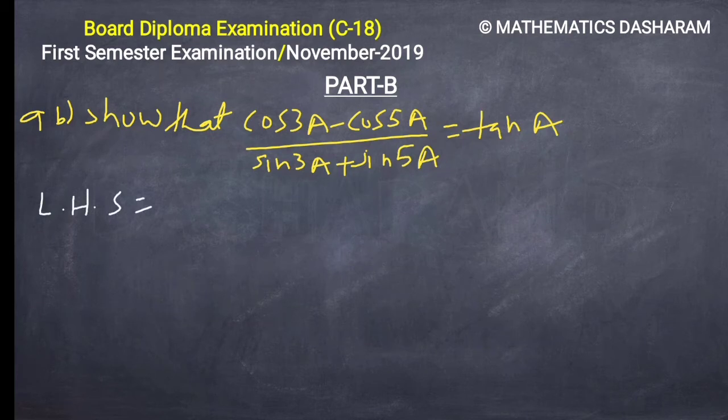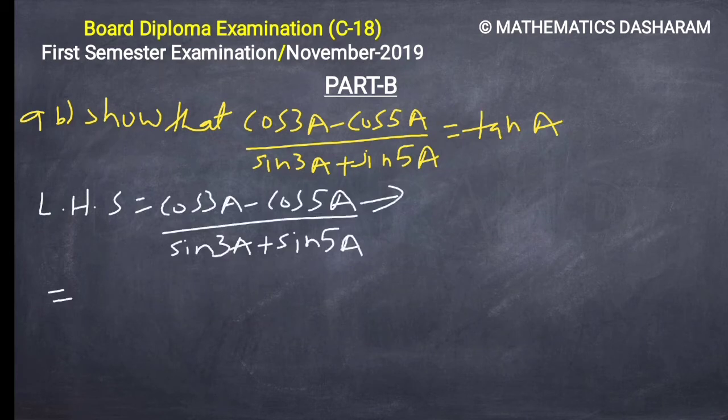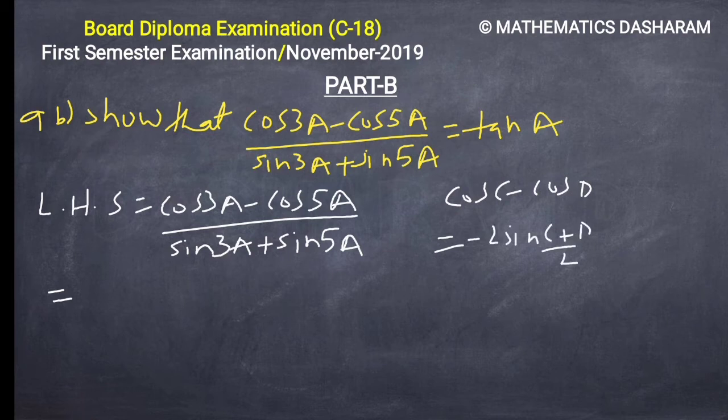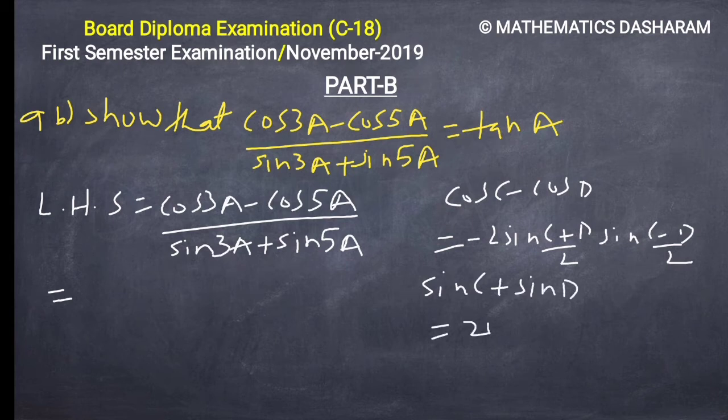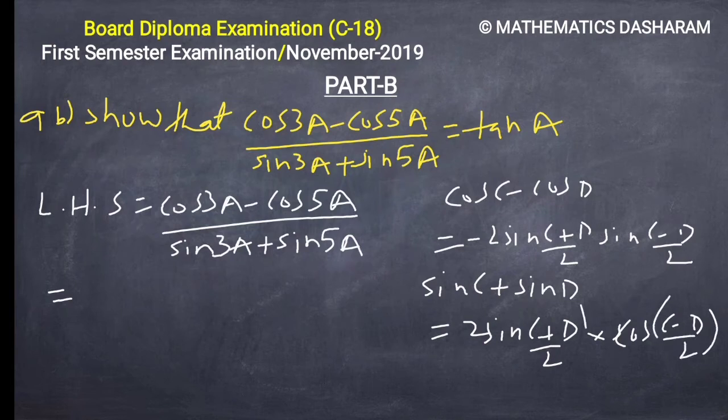LHS equals, so here for the numerator apply the cos c minus cos d formula, that is minus 2 sin (c plus d) by 2 into sin (c minus d) by 2, and for the denominator apply the sin c plus sin d formula, so it is 2 sin (c plus d) by 2 into cos (c minus d) by 2.